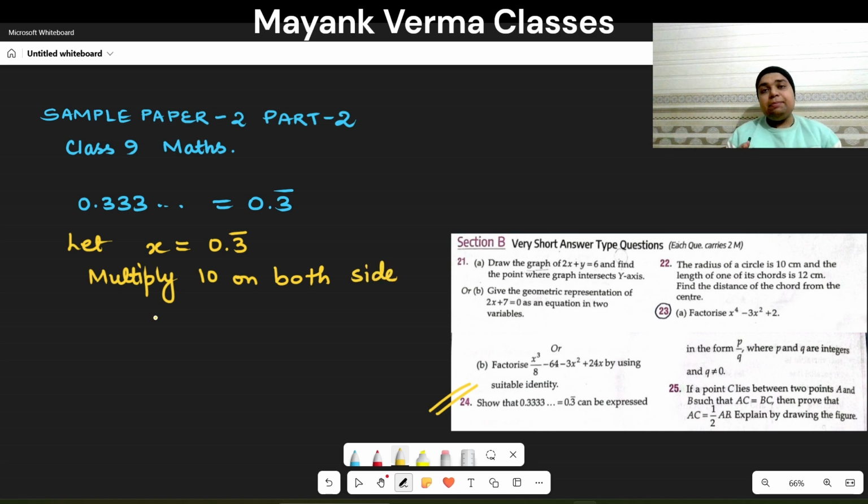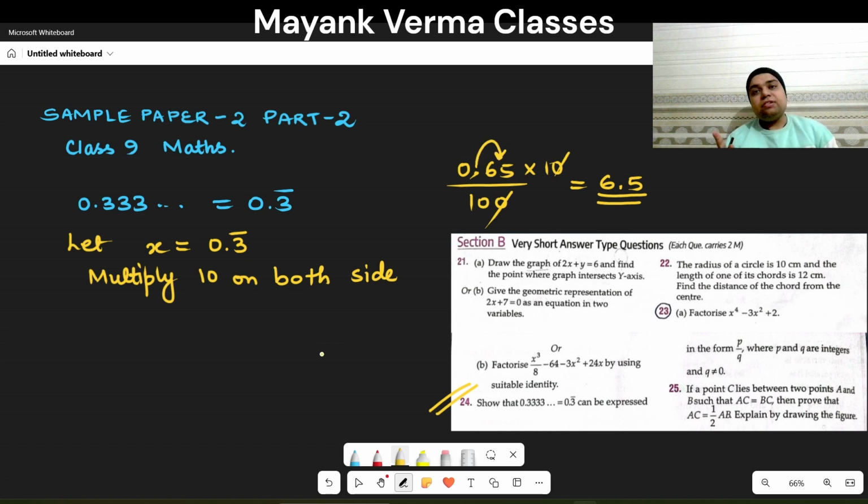See, when I multiply with 10, the decimal point will shift rightwards. If I give you an example, 0.65 times 10, the 0 will be cancelled out and I will get 6.5, right? So what happened here? The decimal point just shifted rightwards.